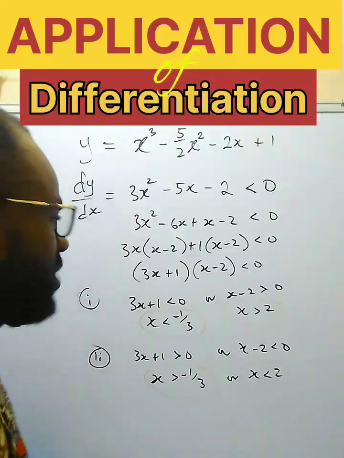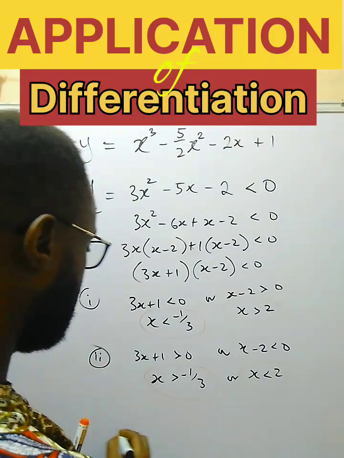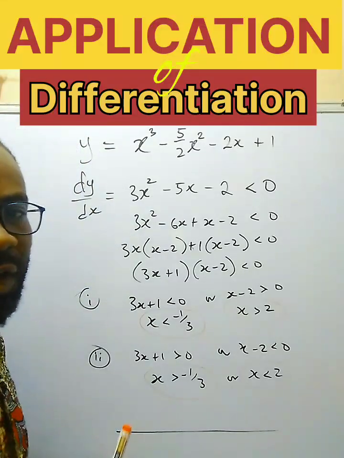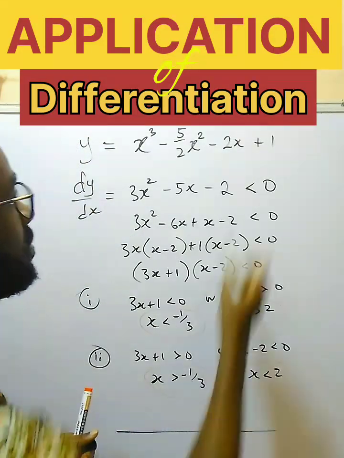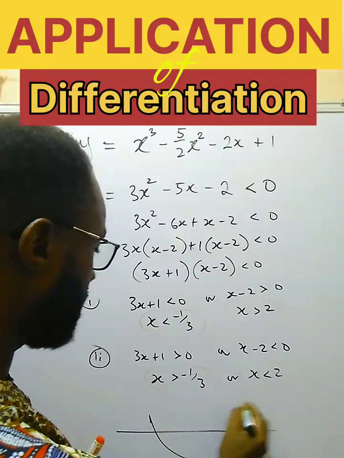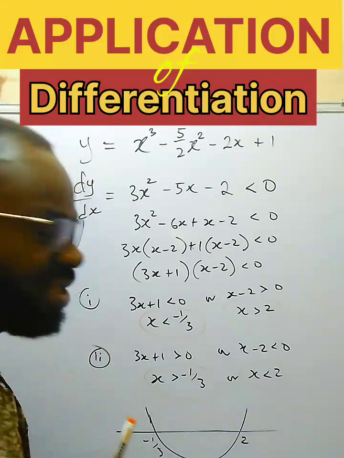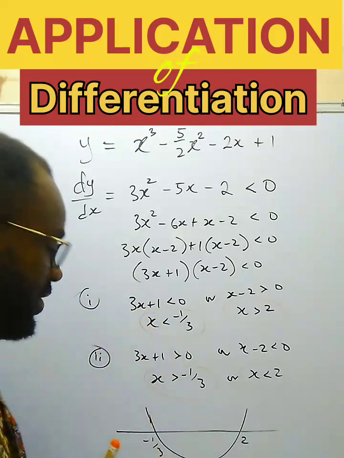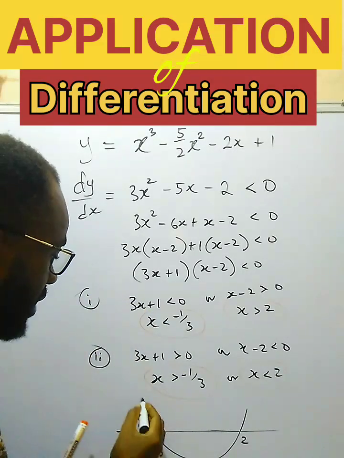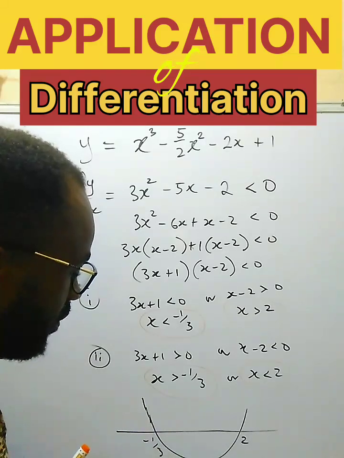Okay, so let me put this on a number line. Of course, this is a minimum function, so it's going to be like this. So if here is my minus 1 over 3 and here is my 2, remember, if the function is decreasing, that is where the graph is moving downwards, and from here it's moving downwards.